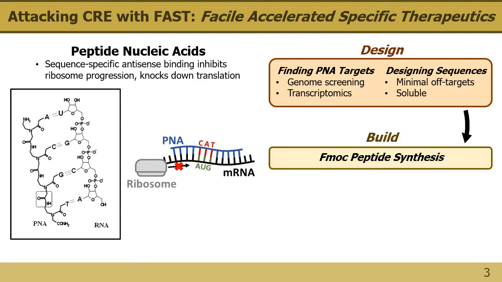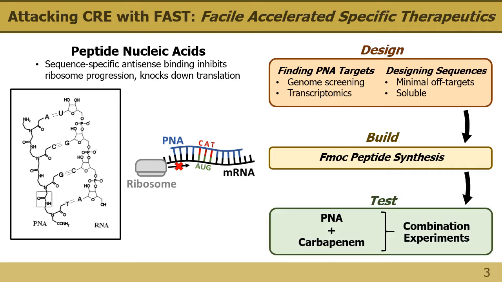We build them using an FMOC peptide synthesizer, which is just a standard peptide synthesis machine, and then we test them. In this case, we're going to be testing PNA in combination with carbapenems. The idea here being that we're not going to target something essential to the bacteria under normal growth. We're going to target something that's essential to the bacteria under carbapenem challenge. And we're using our genome screening and transcriptomics to figure out what that is.